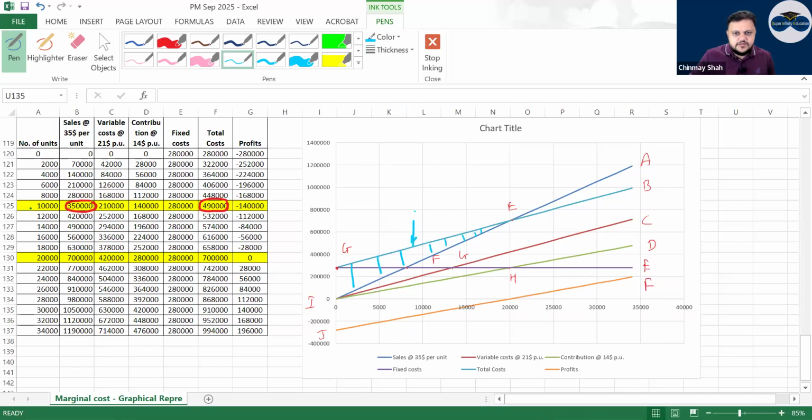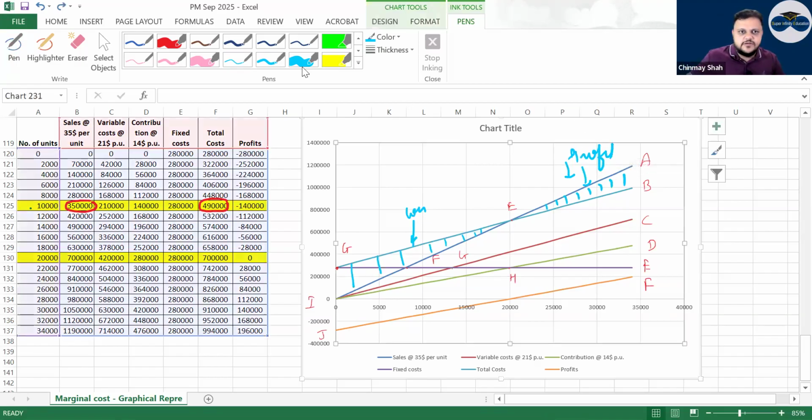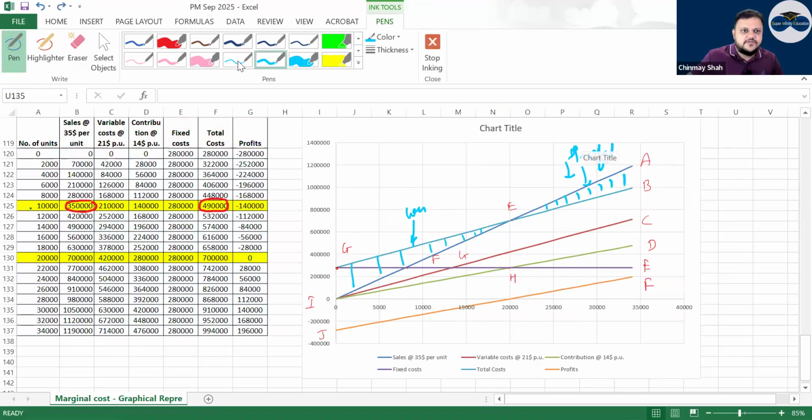This is loss. This is what? Profit. Are you okay with it? What do you say, Janta? This is profit. Okay with it? Any problem with profit?